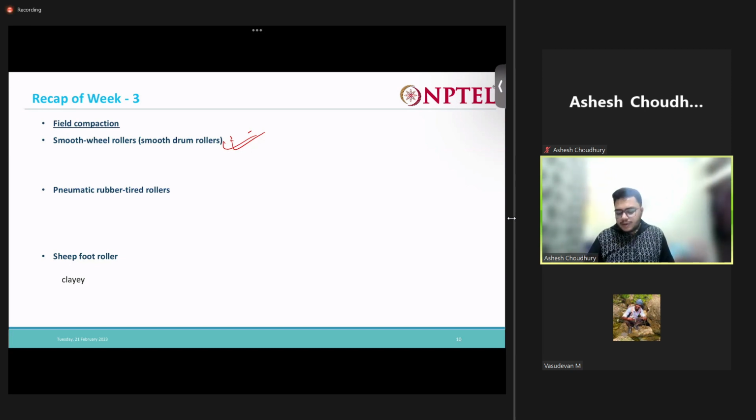So when are smooth wheel rollers used? These are suitable for rolling subgrades. The subgrade is one of the layers of the road, right? Above the subgrade there are many other layers, and above that you place the bitumen of the road. The subgrade is the layer which forms the basic structure of the pavement.